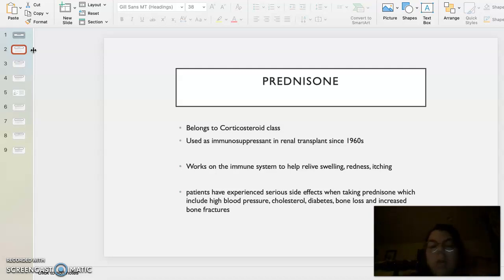There have been studies and cases where patients have experienced serious side effects when taking the drug after kidney transplants. And because it's a steroid, they experience high blood pressure, high cholesterol, diabetes, bone loss, and increased bone fractures.